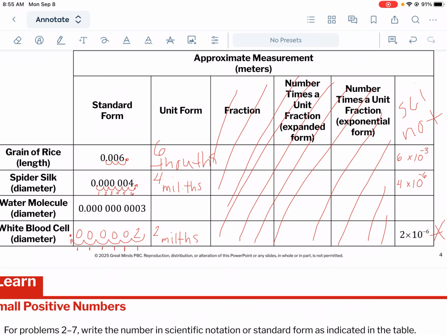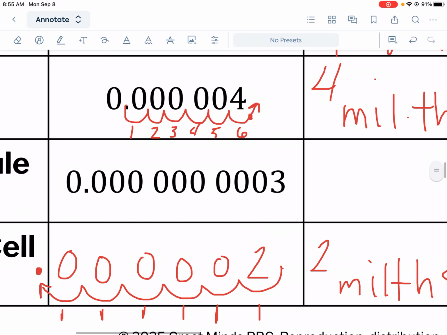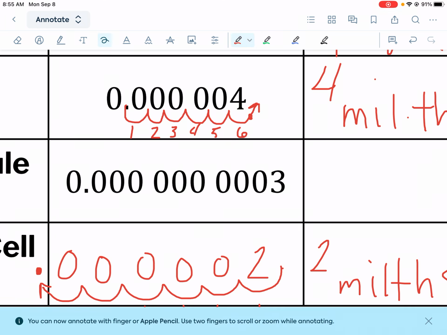For water molecule, I'll knock out the unit form first. From this second 0, that's our tenths place, hundreds, thousands, 10,000s, 100,000s, millions, 10 millions, 100 millionths, billions, 10 billions place.